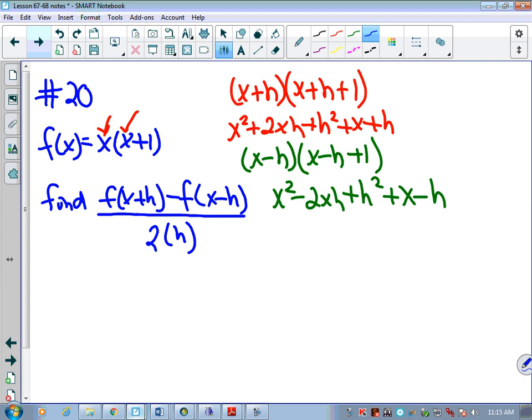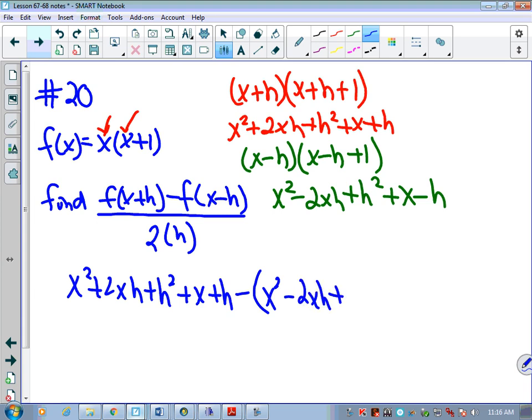As we rewrite this, we get x squared plus 2xh plus h squared plus x plus h, minus x squared minus 2xh plus h squared plus x minus h. So I have to distribute that negative. I get a positive here, a negative here, a negative here, and a positive there.